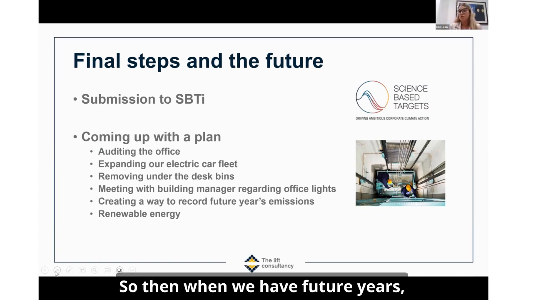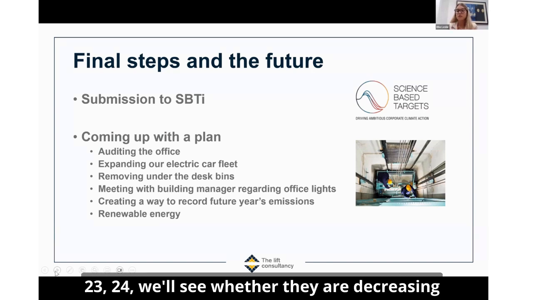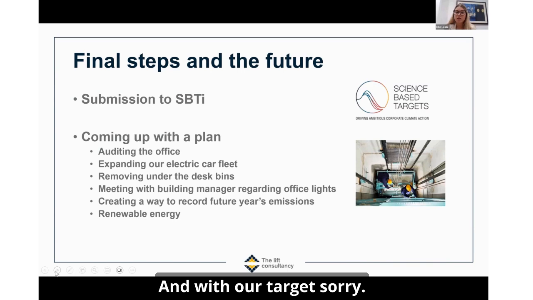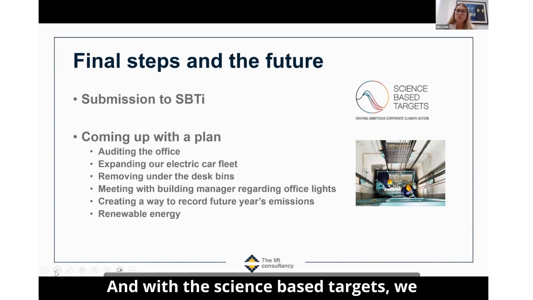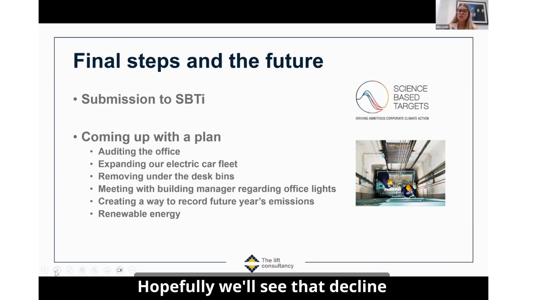So when we have future years, we use the baseline 2021, so when we see our numbers from 2022, 23, 24, we'll see whether they are decreasing and that we are meeting our baseline and our target. With the science-based targets, we committed to reducing 42% by 2030. So hopefully we'll see that decline on our emissions tracker.